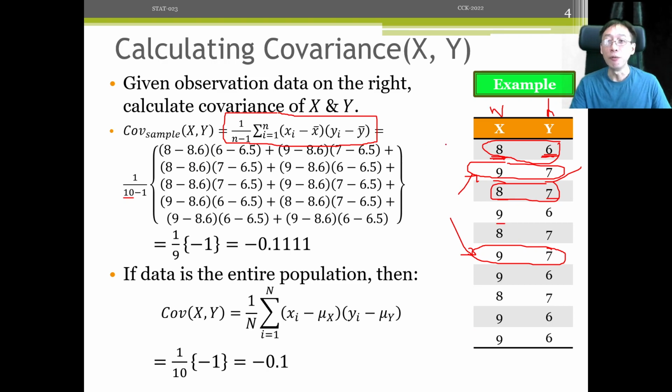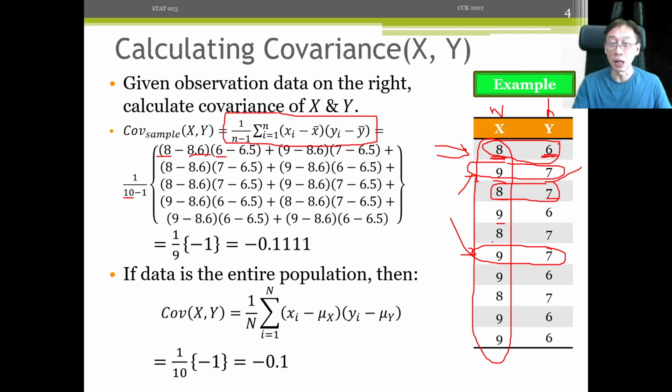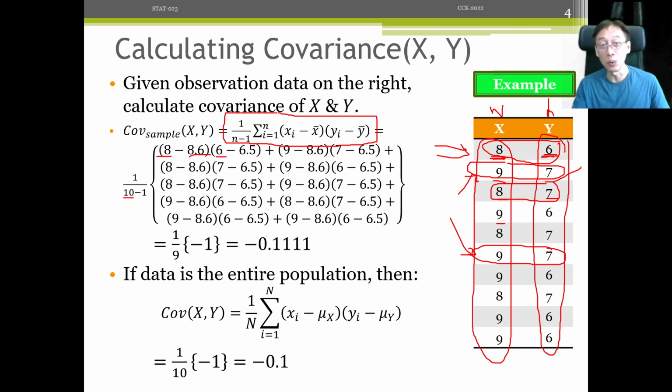we go through the first point, which is 8 and 6. So 8 minus the mean of x. The mean of x, you find this first column, you average it out, and if you just do your sums, you get 8.6. If you find the vertical average of y values, you find that it should be somewhere between 6 and 7.